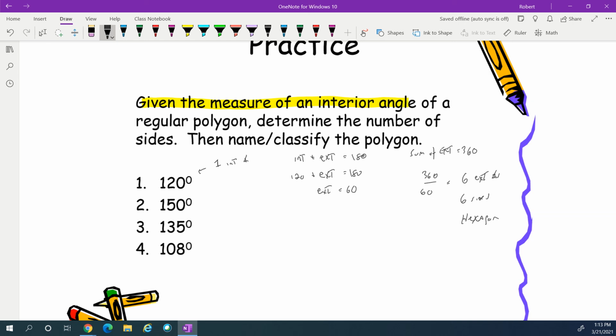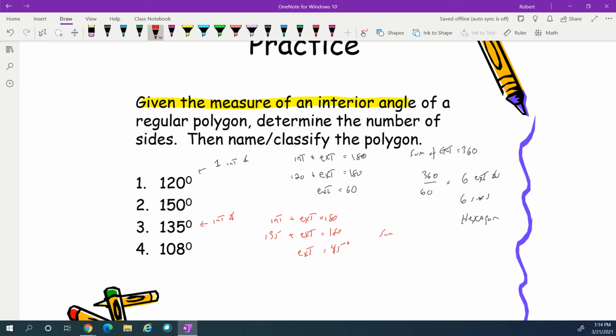So let's try that again. This is an interior angle. Interior plus exterior equals 180. So 135 plus the exterior equals 180. The exterior equals 45 degrees.